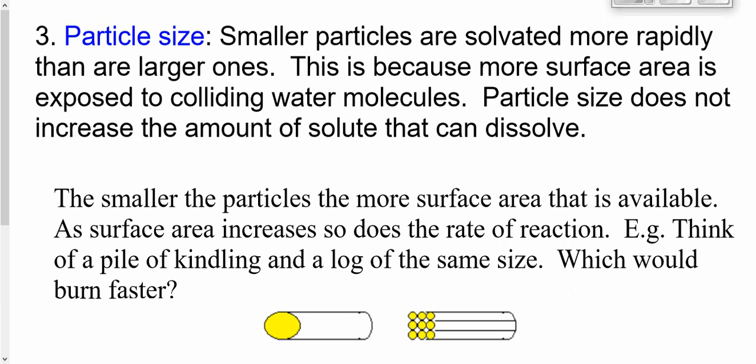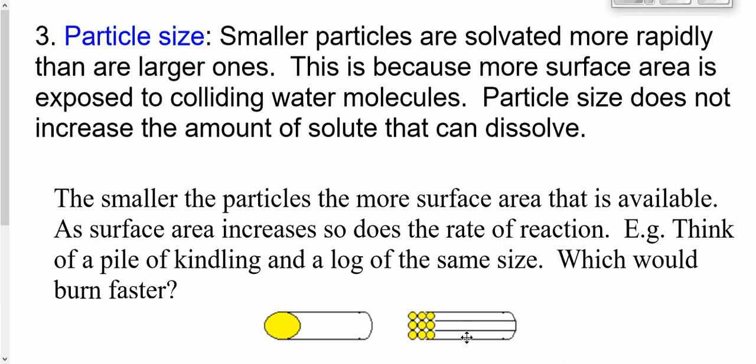But this doesn't affect how much can dissolve. We are still not changing how many waters it takes to surround each solute molecule. We can think of the same analogy when you're trying to burn a log and you're wanting to be able to get to it. A log itself has less surface area than if I cut the same log into kindling. When I cut it into kindling, I've exposed all those interior surfaces to the flame, and you'll notice that the fire burns much faster.